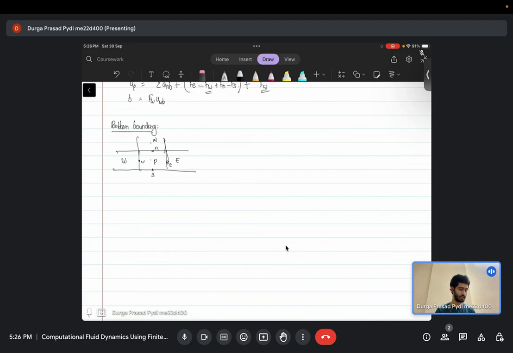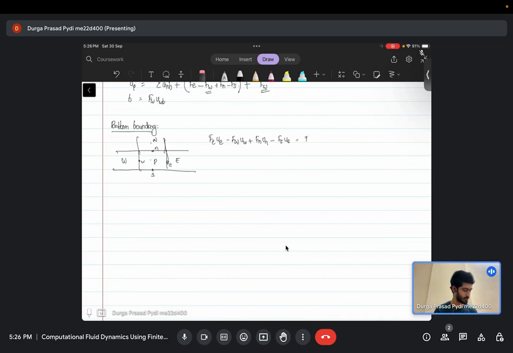So we'll write down the equation, and writing the equation is straightforward. So we have f east u east minus f west u west plus fn un minus f south u south. So we are writing for the u momentum equation.